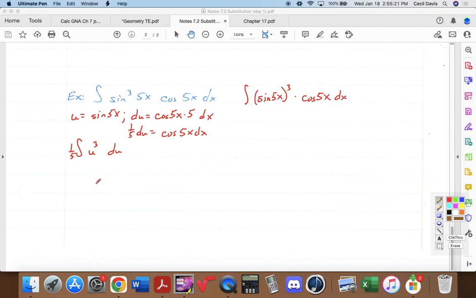That's the big advantage to doing u substitution, is you get something that doesn't have too many things for me to look at. So this would be 1/5 times 1/4 of u to the 4th plus a constant. So that's going to be 1/20th of sine of 5x raised to the 4th plus c.